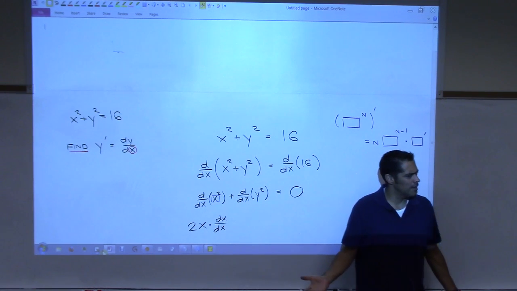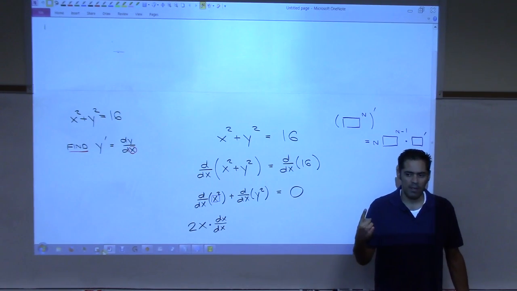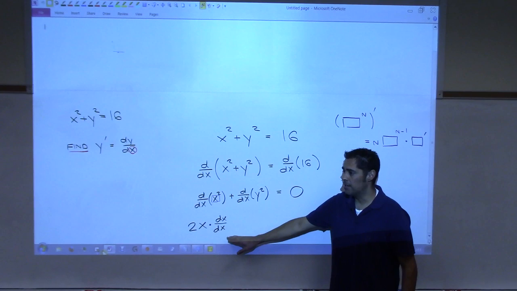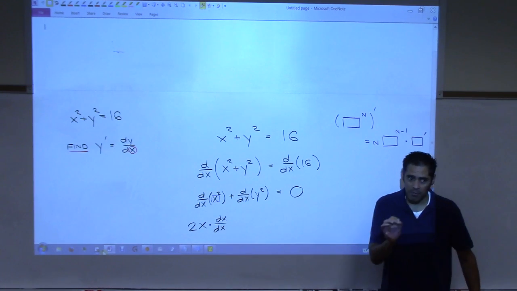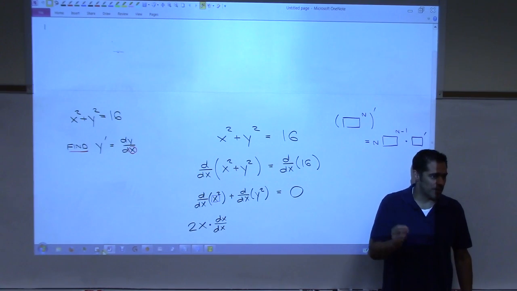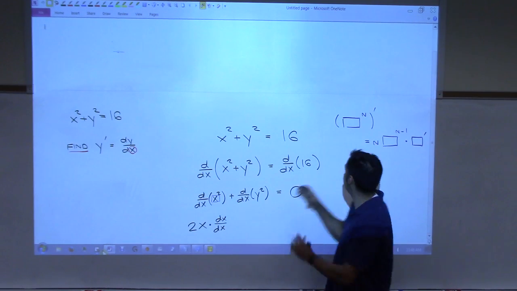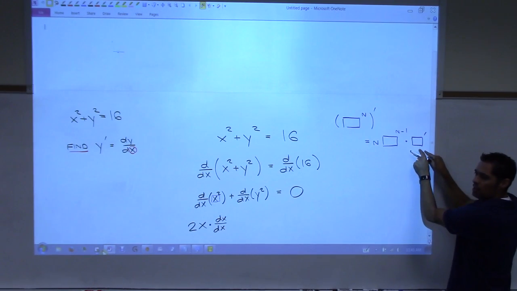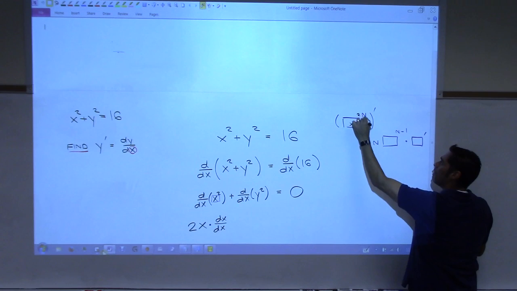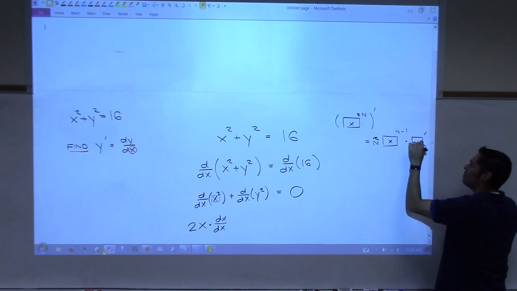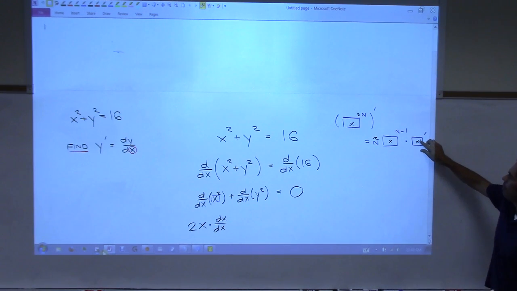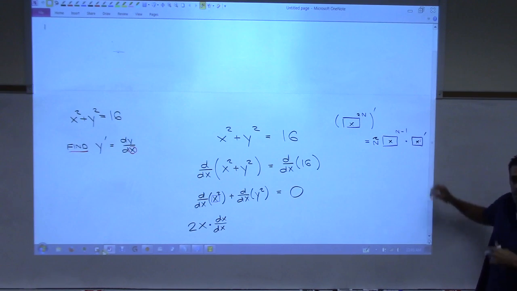And what do you think that is? 1. Now, we didn't have to write that, did we? But I want you to understand that's what we actually did. We did take the derivative of the inside. When this was x squared, this was 2x, and then we took the derivative of x with respect to x, and it was 1.